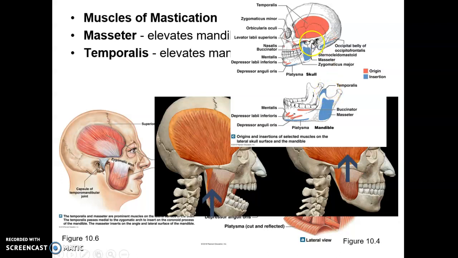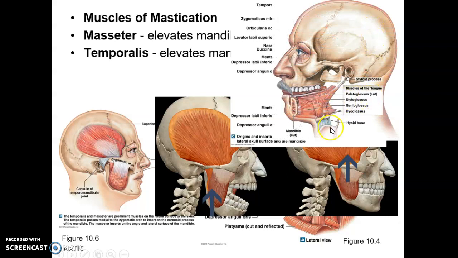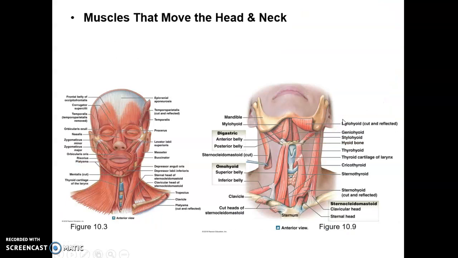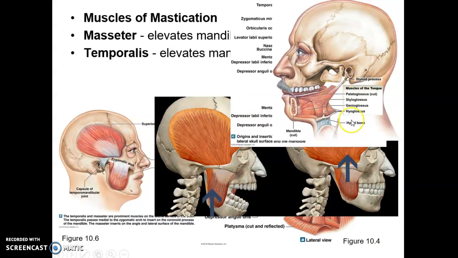Not that you need to know this, but just showing you in relation to the bone markings and the position of the bone and how it would operate. Okay? There's an insertion of the masseter and its origin. And why do I have this here? Ignore that.